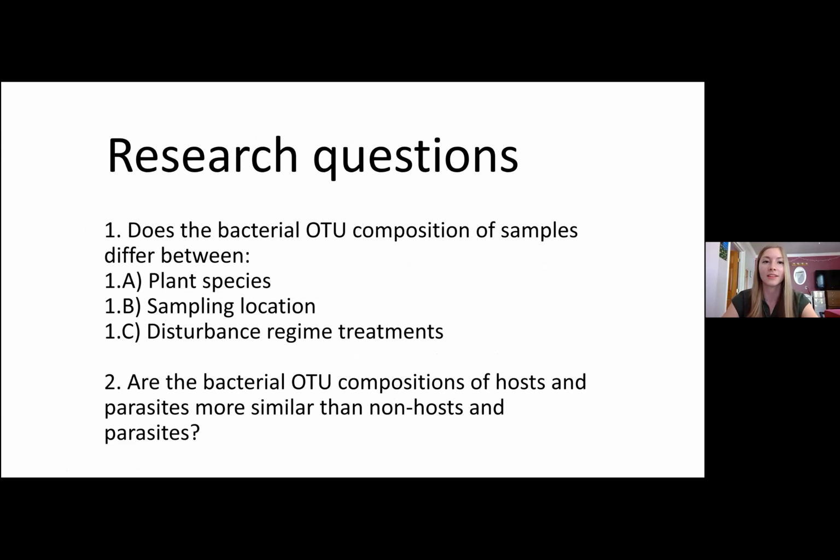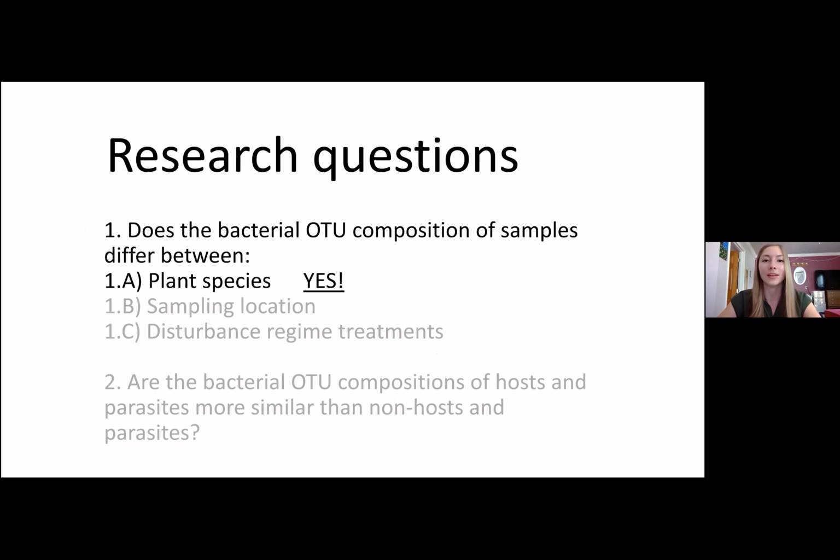So, just to summarize, my chapter 1: does the bacterial OTU composition of samples differ between plant species? Yes, we did observe that plant species tend to have very different bacterial OTU compositions. And for plant species that had similar OTU compositions, those plants belonged to the same plant family.